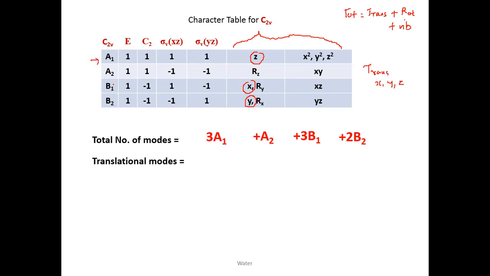Opposite x you find B1. Opposite y you find B2. So the translation modes are A1, B1 and B2, but in order to find the vibration modes, you have to deduct or subtract the translational and rotational modes from the total number of modes.